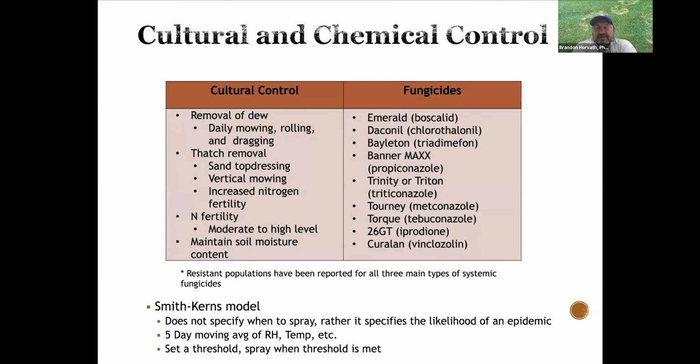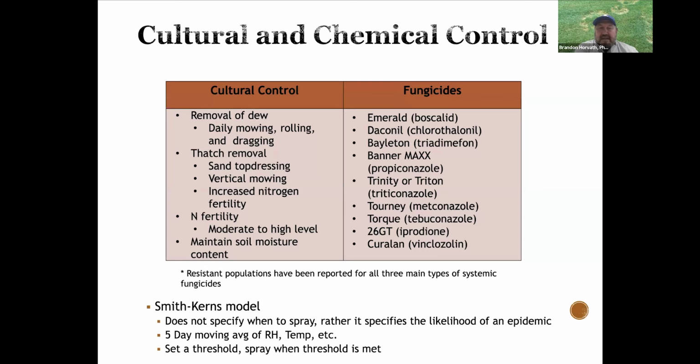And then I mentioned early on the chemical controls. We talked about removing dew, whether through rolling or dragging, or dew whipping on fairways. All of those are good cultural practices to reduce the potential for disease development. The organism is able to overwinter in the organic matter and thatch of a turf canopy.